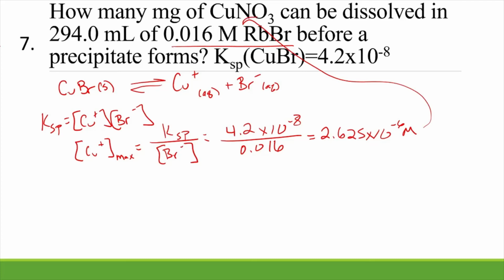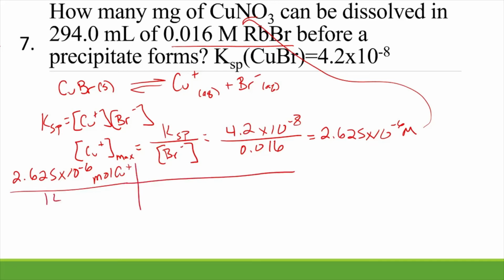So now we have 2.625 times 10 to the negative 6 moles. I'm going to go ahead and just write moles of copper for now, Cu+, per 1 liter. And then using that, with stoichiometry, we know that there is 1 mole of copper 1 nitrate for every 1 mole of copper 1, just for completion's sake.